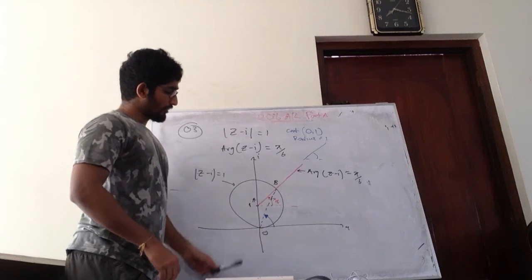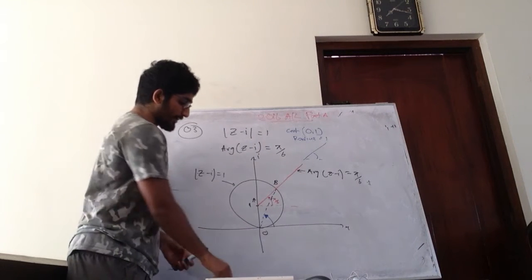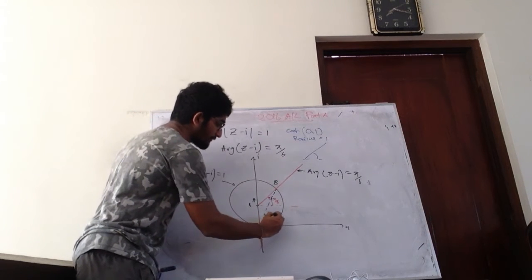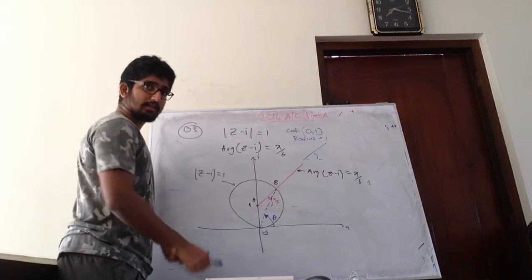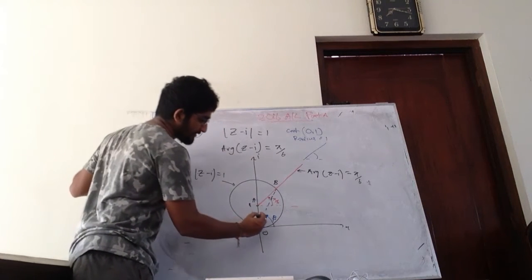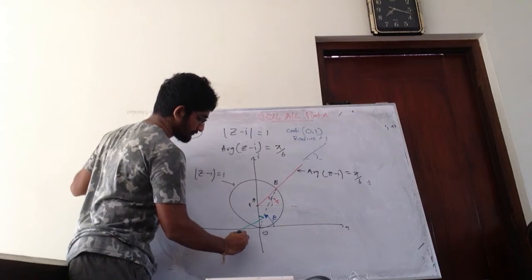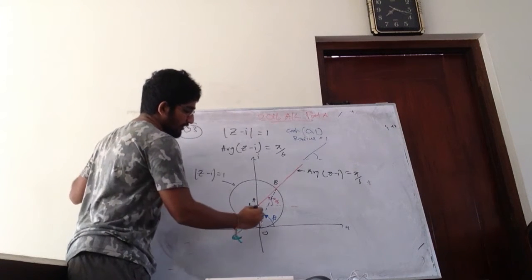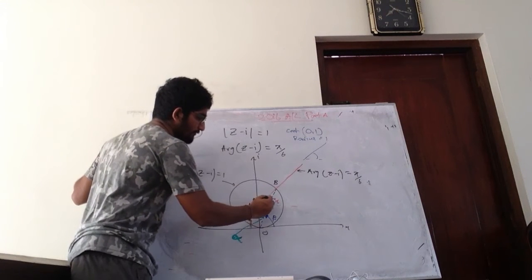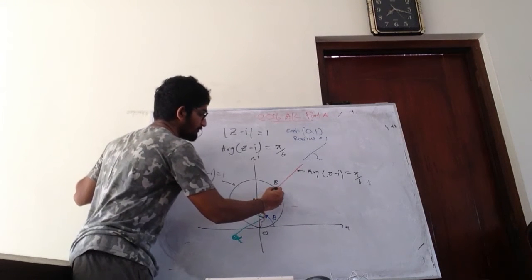So that is my target now. In order for me to find this angle, I'm going to name this angle as beta. The reason I'm naming this as beta is because I'm going to take this as alpha. Since these are equal, this also will be alpha.